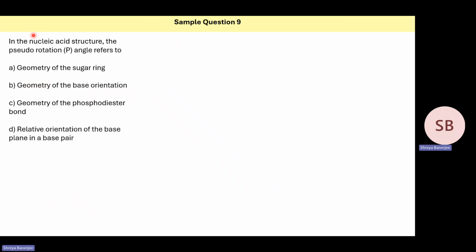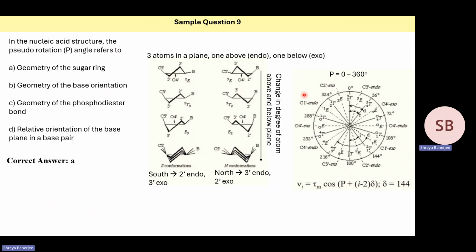Then it is asking that in nucleic acid structure, pseudo-rotation angle refers to what? This we have seen in this class also, that pseudo-rotation angle refers to the geometry of the sugar ring. Because when the pseudo-rotation angle, we saw in this class, is around 144, it is C2 prime endo.